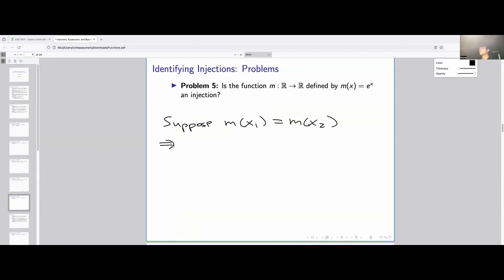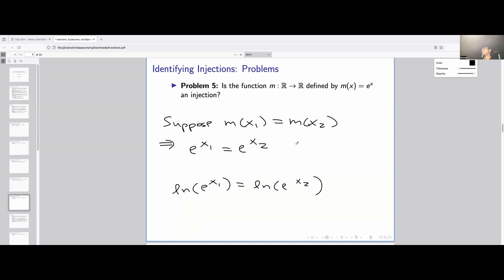What this means is that e to the power of x1 is equal to e to the power of x2. Now, in order to solve this, we can take the natural log on both sides. So let's go ahead and say that ln of e to the power of x1 is equal to ln of e to the power of x2.